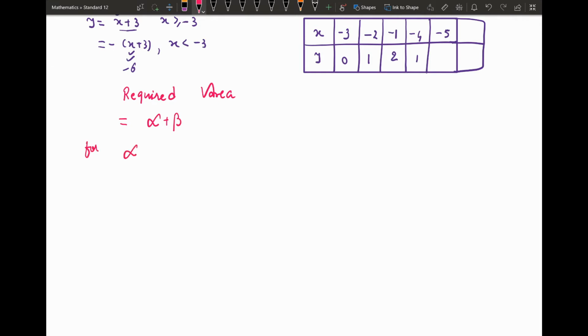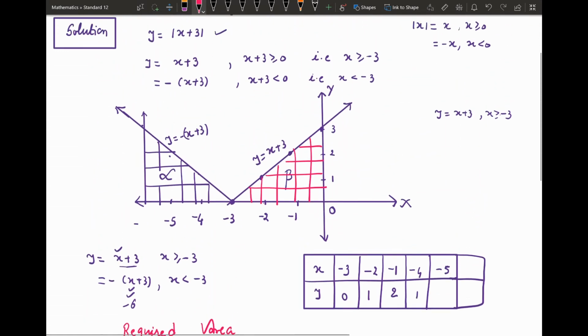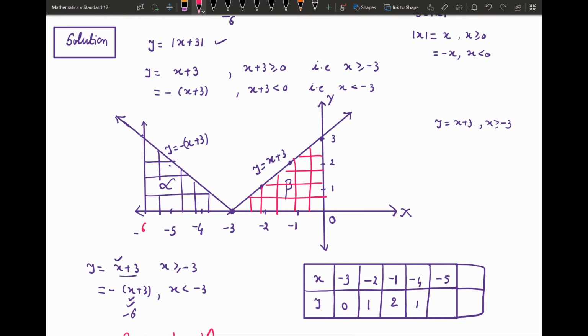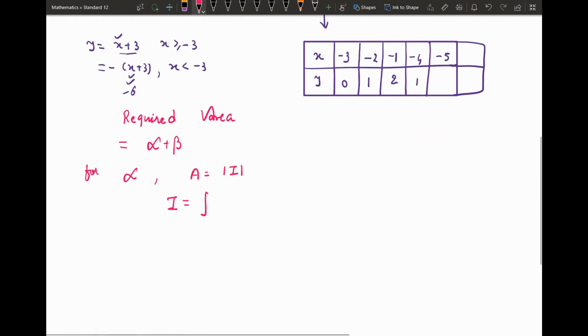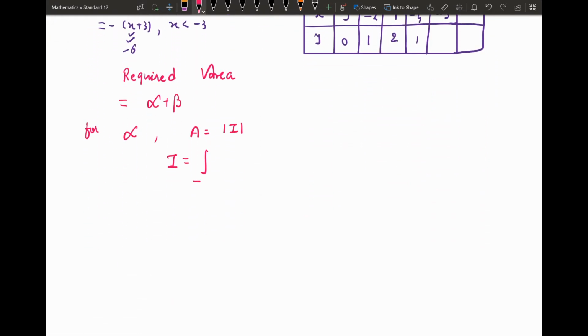For alpha, area A equals the modulus of the integral, with limits from minus 6 to minus 3, of mod x plus 3 dx.